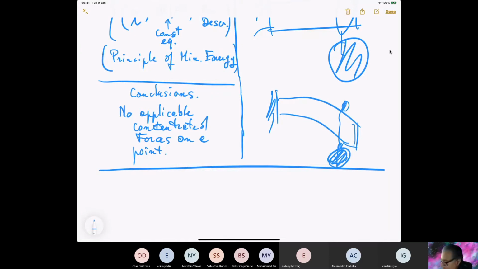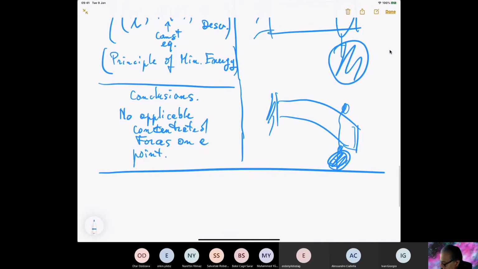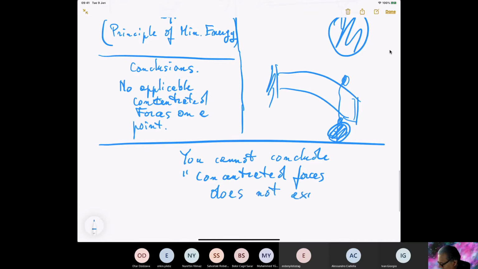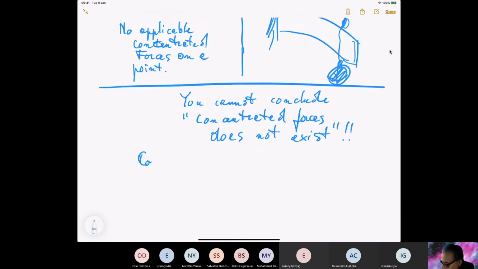You cannot conclude that concentrated forces do not exist. First of all, forces are a mathematical object.